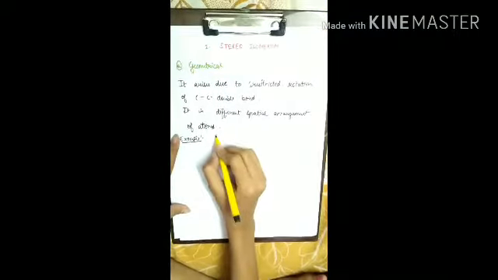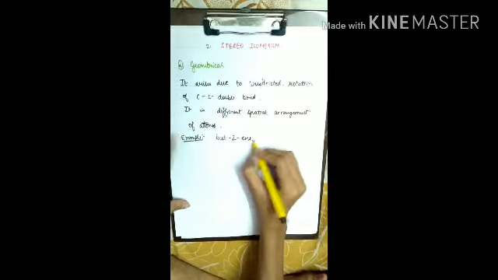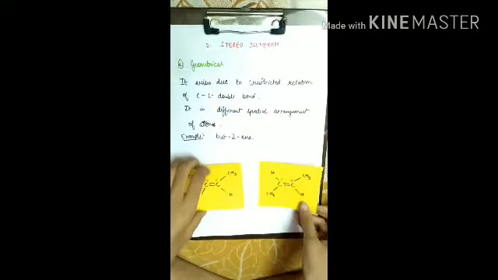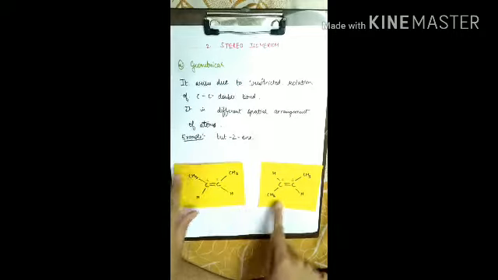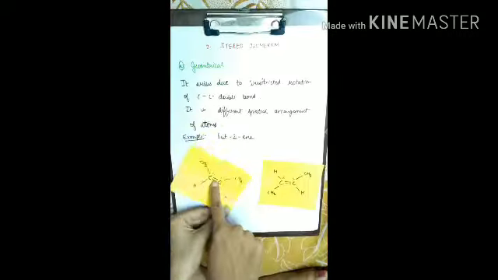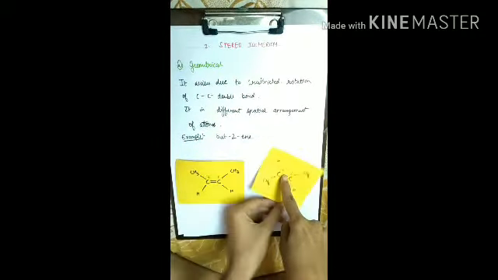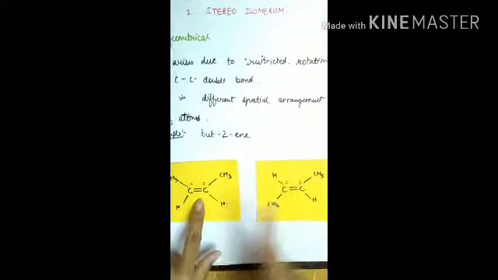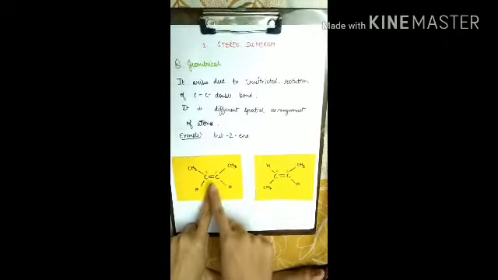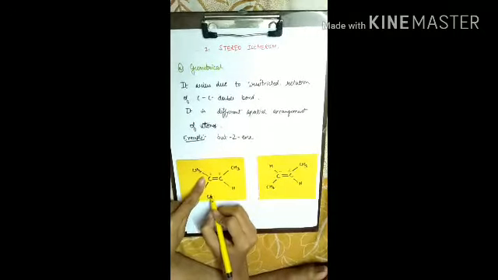Okay, let us take an example of butene, in which there is a double bond between the second and the third carbon atom, due to which there is restricted rotation around the double bond like this. Thus, we obtain two different types of spatial arrangements. When the identical groups are present on the same side of the double bond, it is known as the cis isomer.